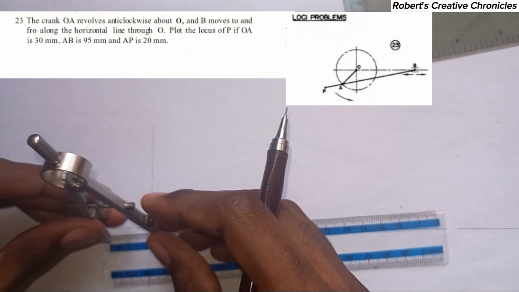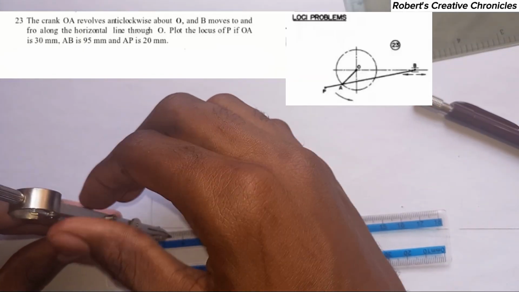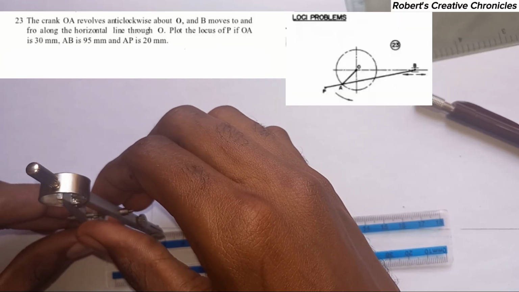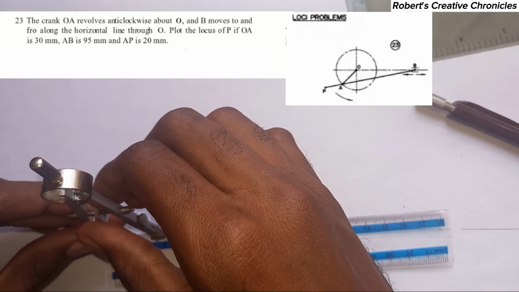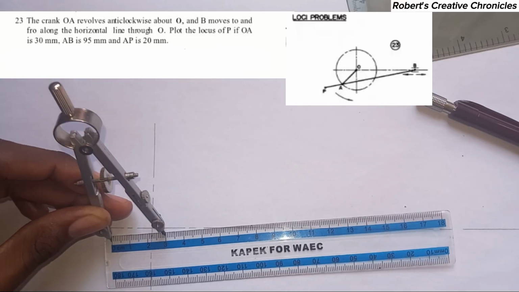So from the question, OA is 30 mm. So that means the radius of our circle will be 30. So you can see 30.